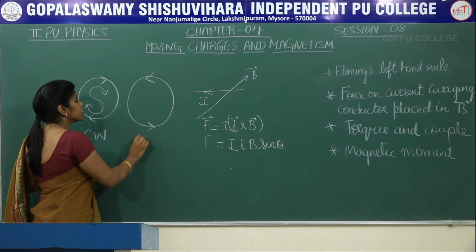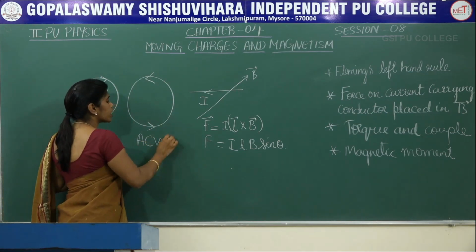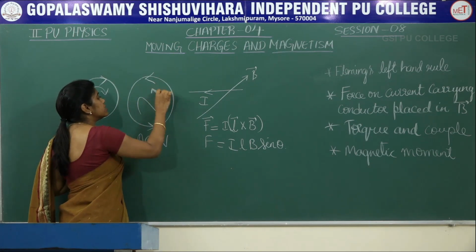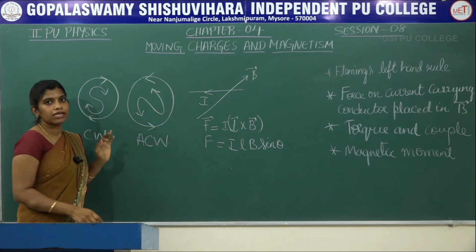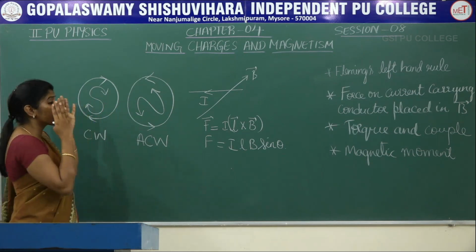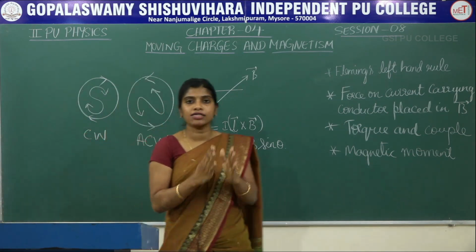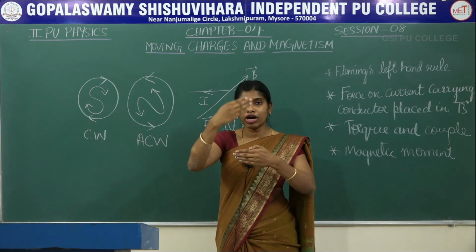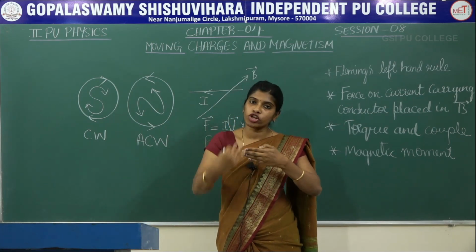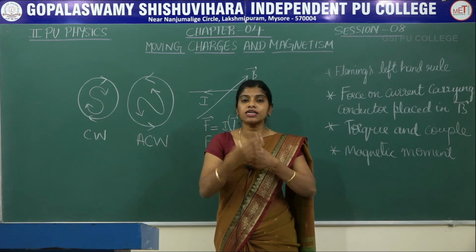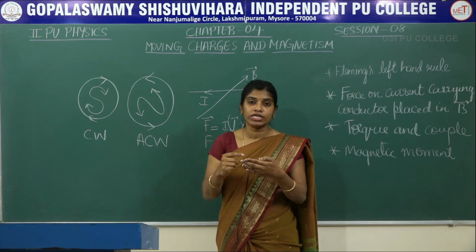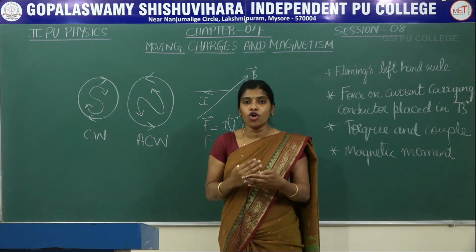And whenever the current is flowing in the anti-clockwise direction, then I am going to consider this side of the loop as north pole. So a current carrying loop is going to act just like a magnet with two poles, that is, a dipole. One side, where the current is flowing clockwise, will be acting as a south pole, and the other side where the current is flowing in the anti-clockwise direction is going to be a north pole.